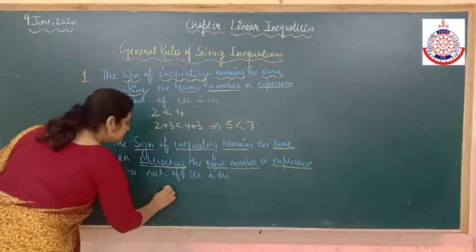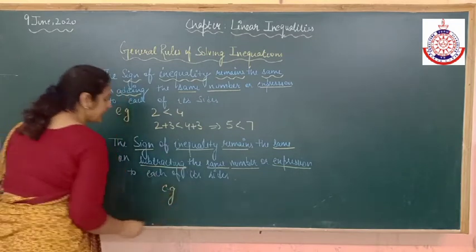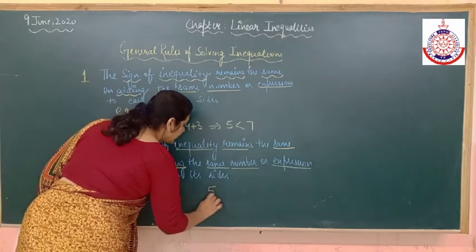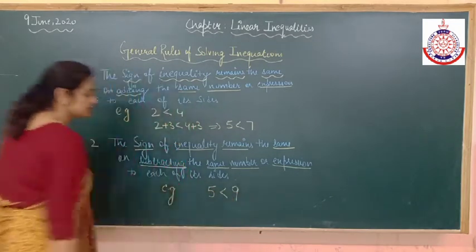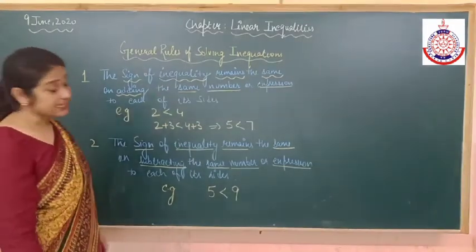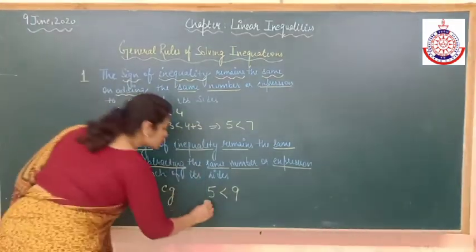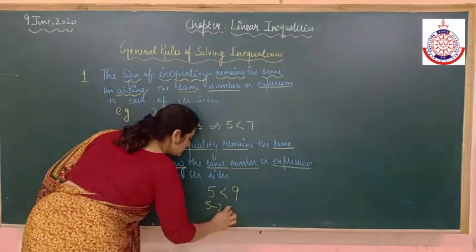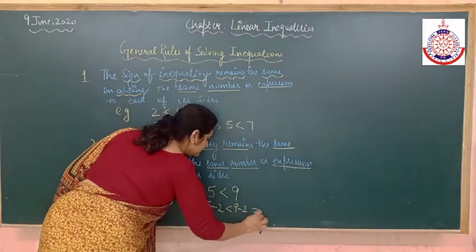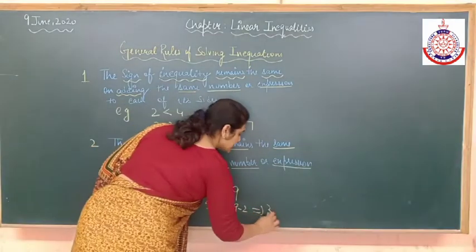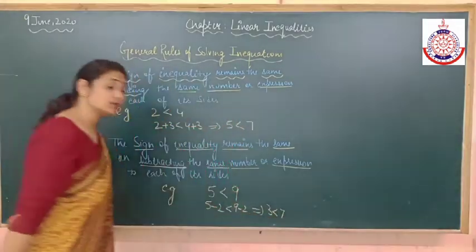For example, if I say 5 is less than 9, and I subtract 2 from each side, what will happen? 3 is less than 7. That is correct.